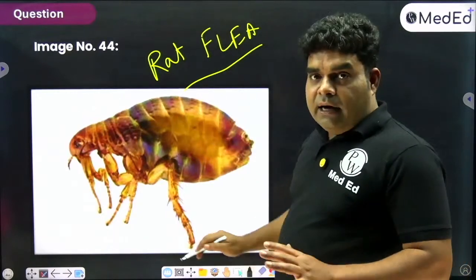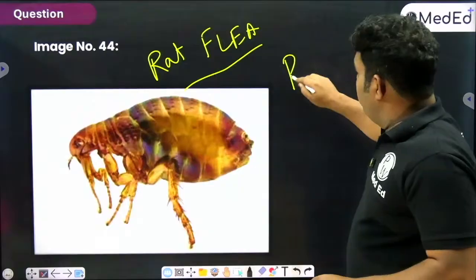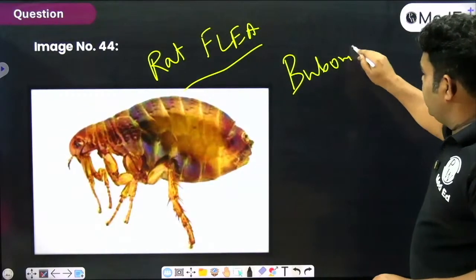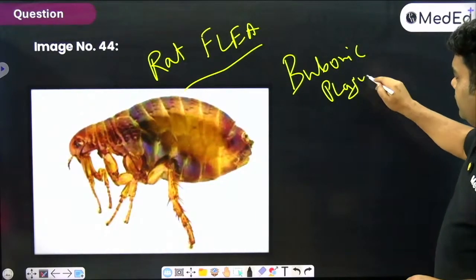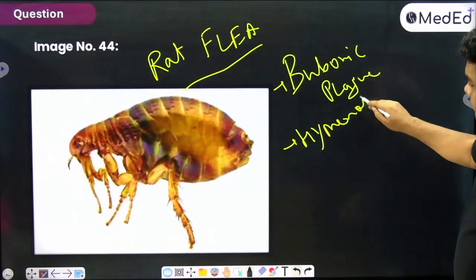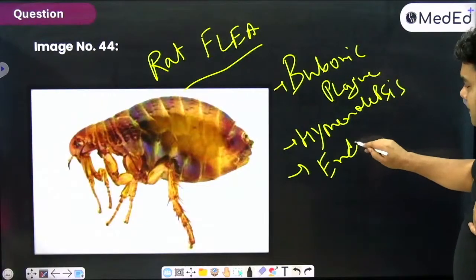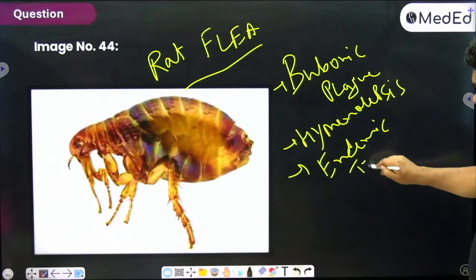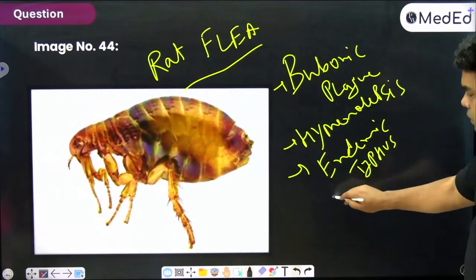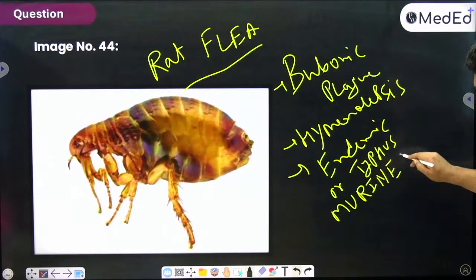In this rat flea, to remember the diseases transmitted, which is bubonic plague. Let's revise. And if you know it, tell it. What are the other diseases? Hymenolepis. And then endemic typhus. Endemic typhus is also known as murine typhus. The other name of endemic typhus is murine typhus.